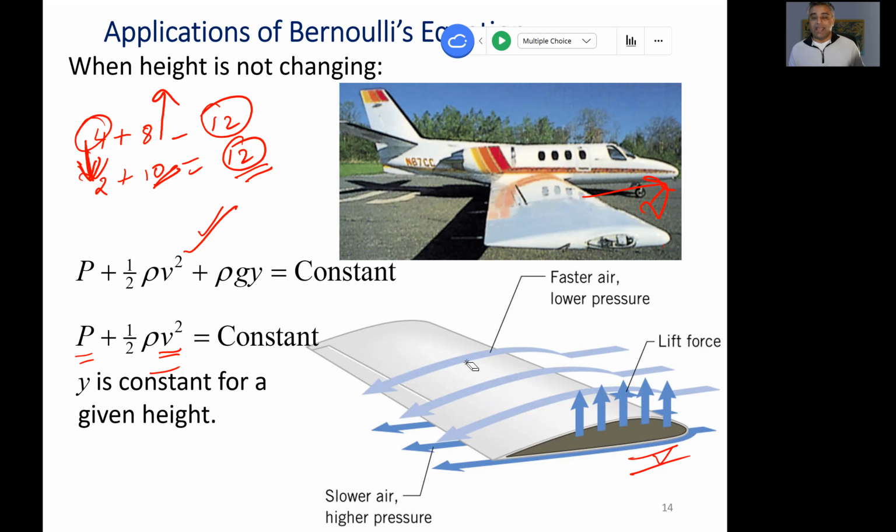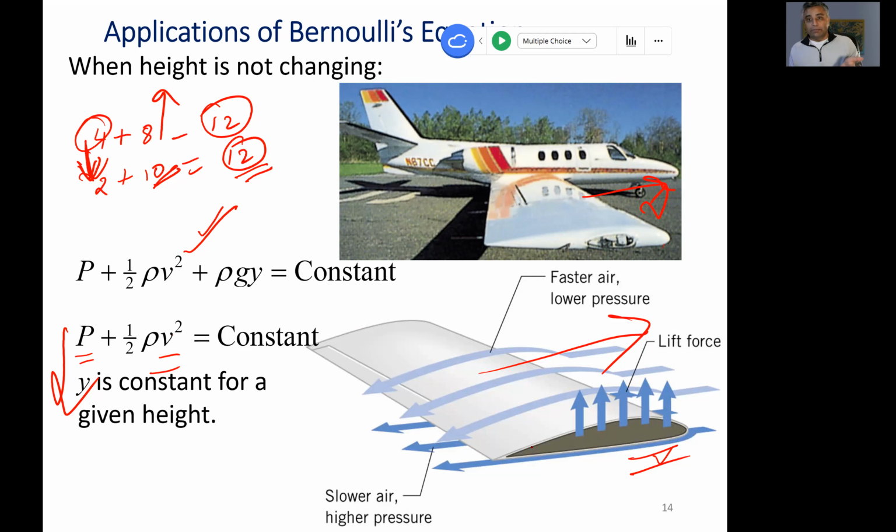So that's why they have to run and get to a certain speed. Sorry, this term has to be large enough to make this one low enough so that it can take off. So to do that, the plane has to be moving really fast, okay?